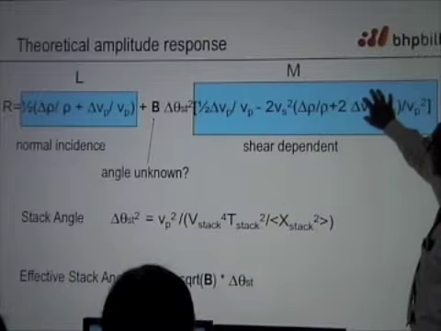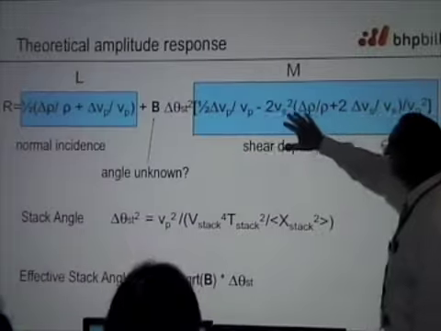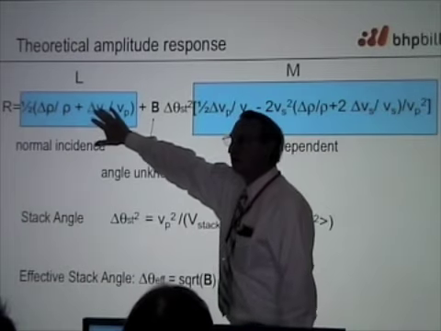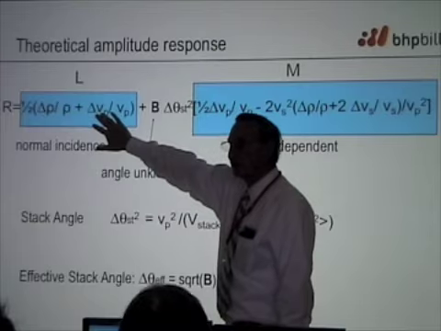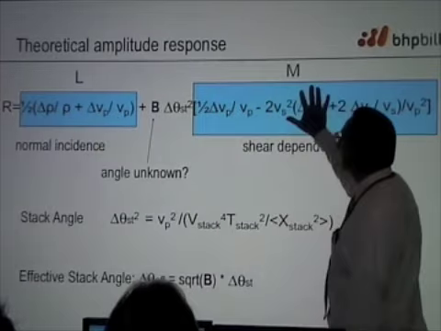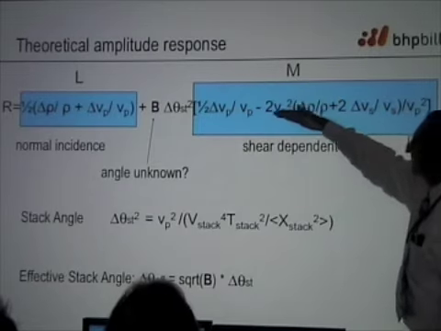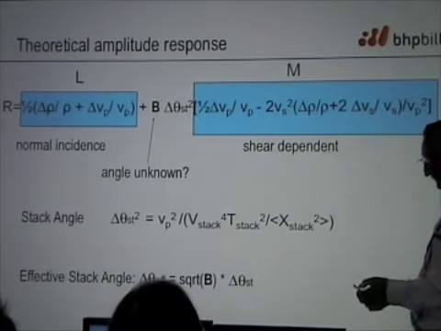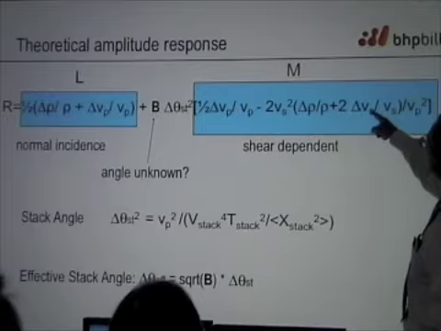You get to relate that to the rock properties in some way. You have a functional character. This is our normal incidence reflection coefficient we've been talking about up till now. And over here, this is this M term, which really tells you how that curvature in the P wave reflection coefficient relates to the shear properties.